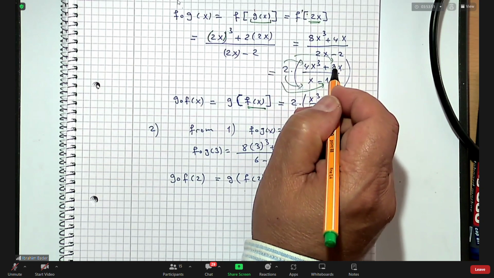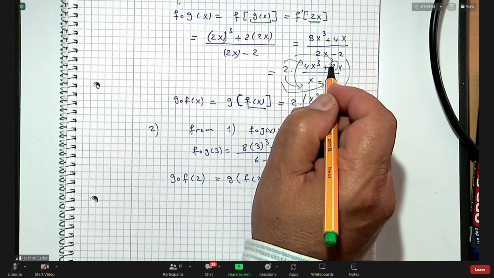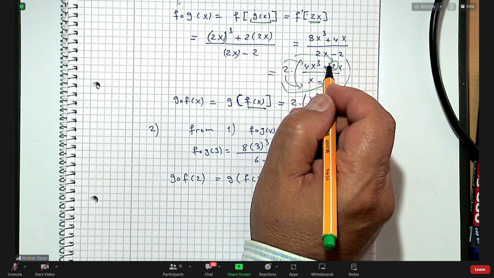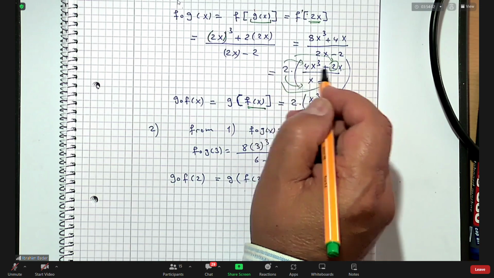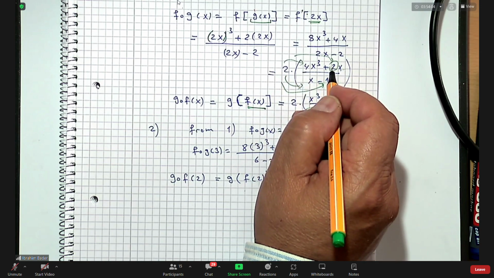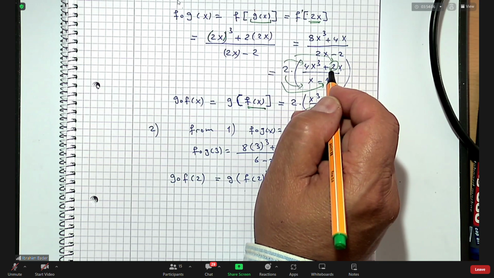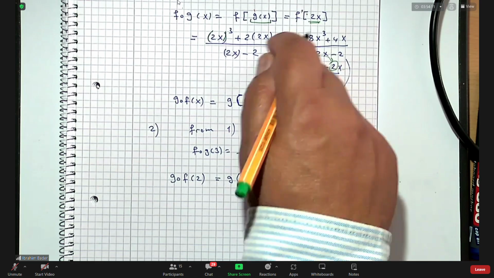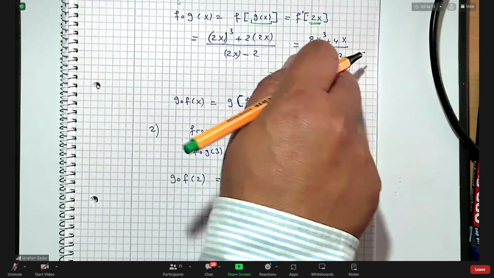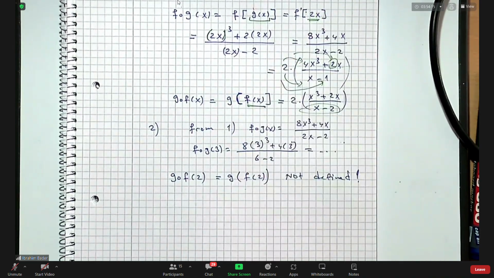But if you have only one x here, where do you get the 2? You got it? So if you are saying here that there is no 2 here, it's 1. Okay, then just do it the other way around. Just expand the 2 inside here. You will not get the same formula like before.